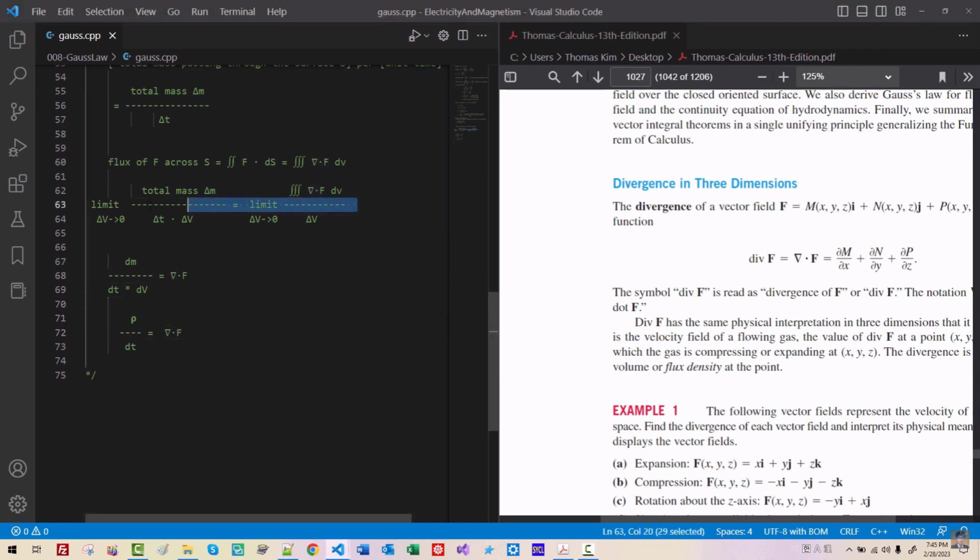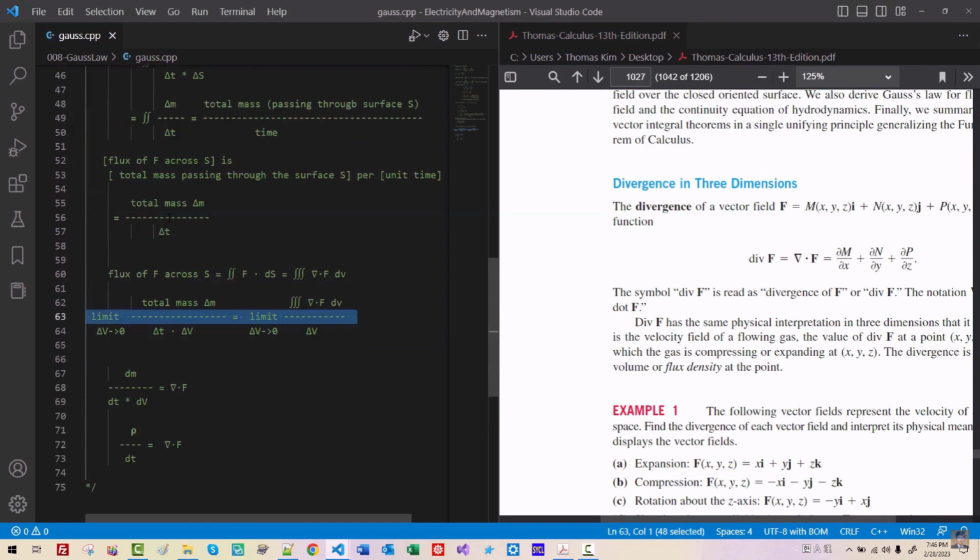Now let's go back to this equation. In this equation, the flux of F across S is total mass M over delta T. Then we divide it by volume like this.